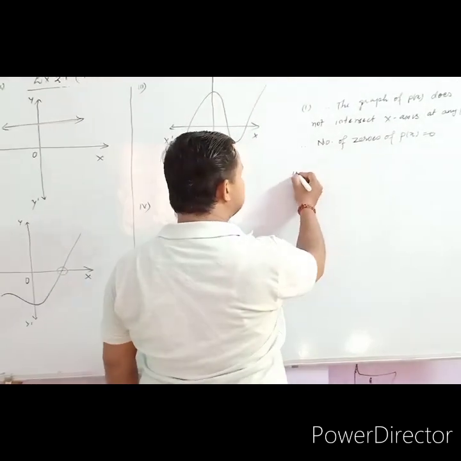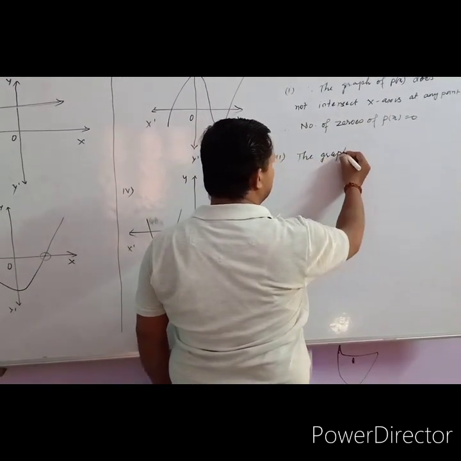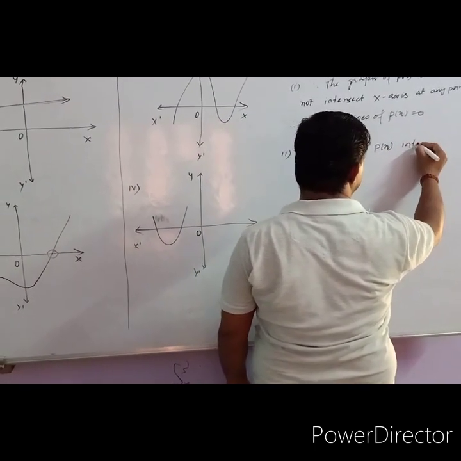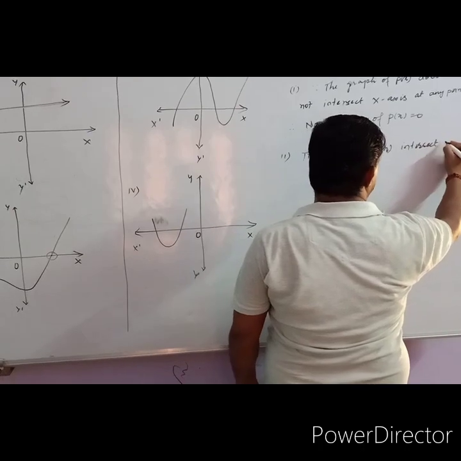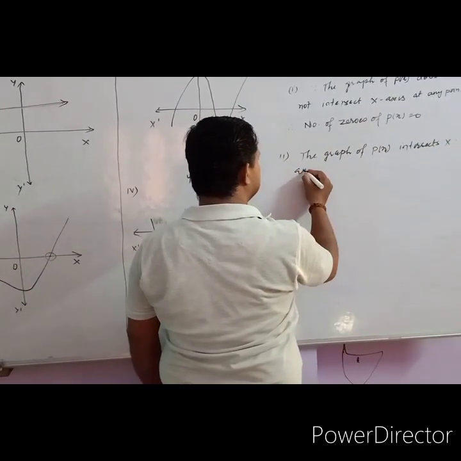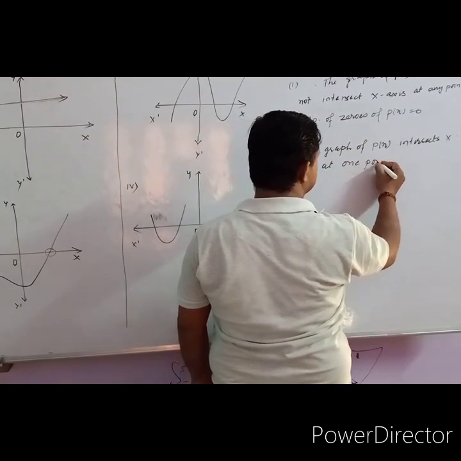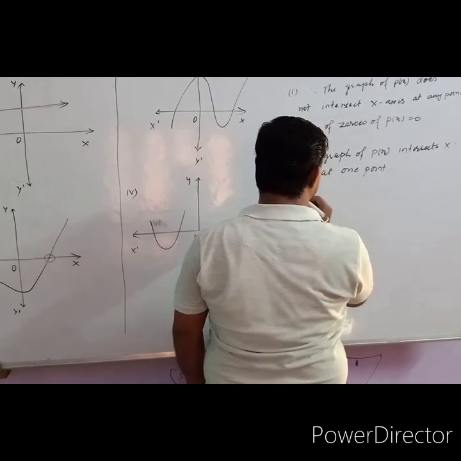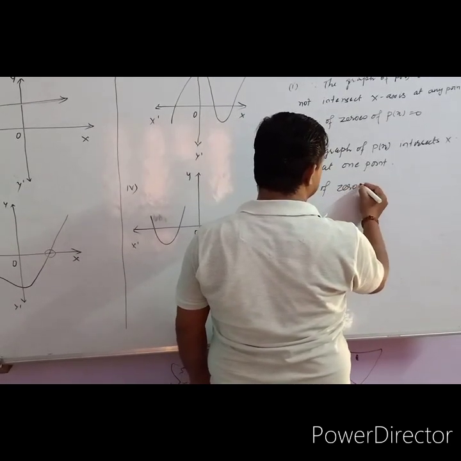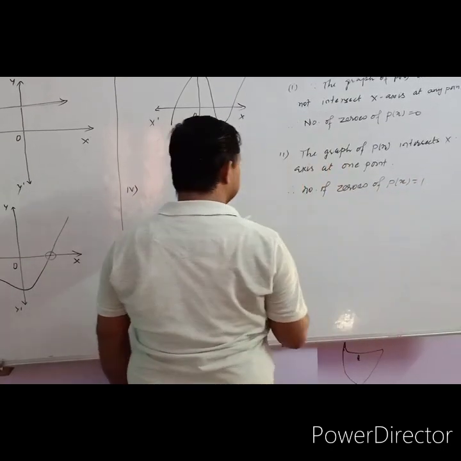In the same way you will write: the graph of p(x) intersects the x-axis at one point. Therefore, the number of zeros of p(x) is equal to 1.